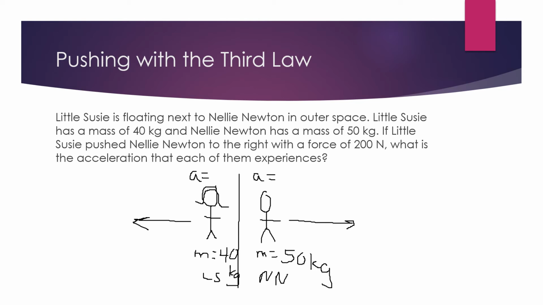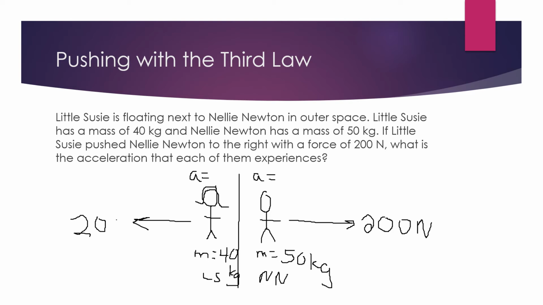If little Susie pushes Nellie Newton to the right with a force of 200 newtons, this arrow is going to be to the right. I'm going to put 200 newtons right here. Newton's third law says she cannot push him 200 newtons unless he pushes her back with an equal and opposite force, in this case, 200 newtons.